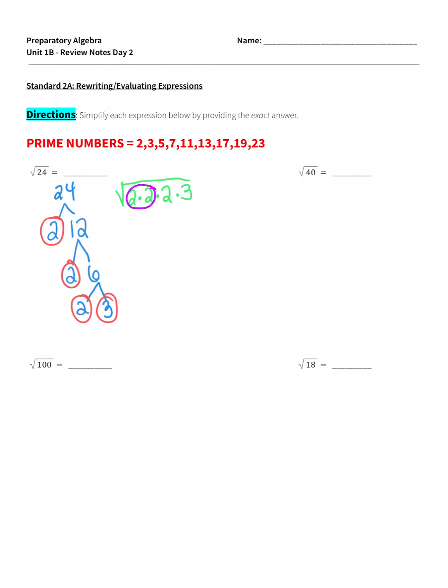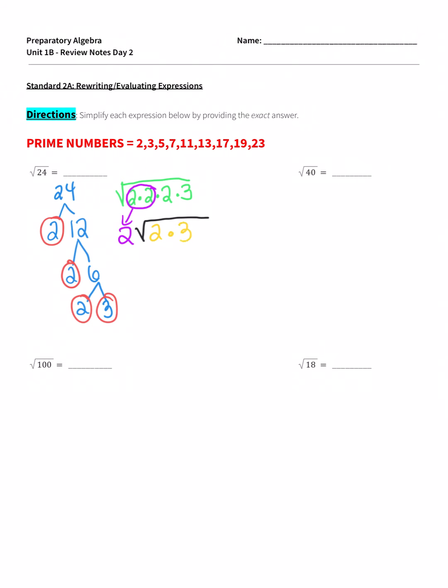Now I go ahead, I'm going to rewrite my square root. I have a pair of 2s. When I have a pair of 2s inside my square root, that means that this pair of 2 inside equals 1 on the outside. Then I take everything that's in here and I put it under my square root.